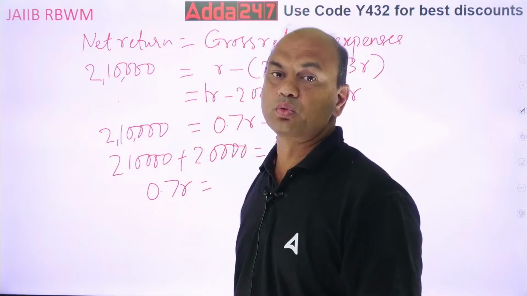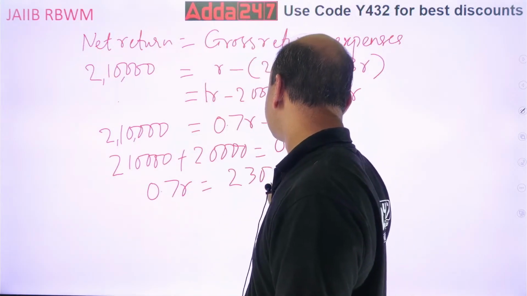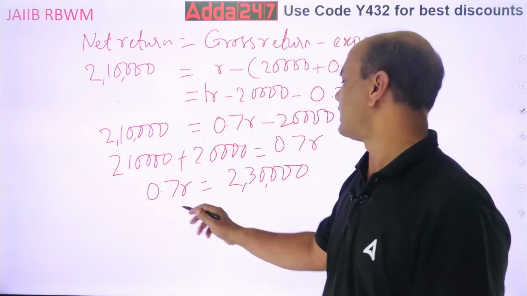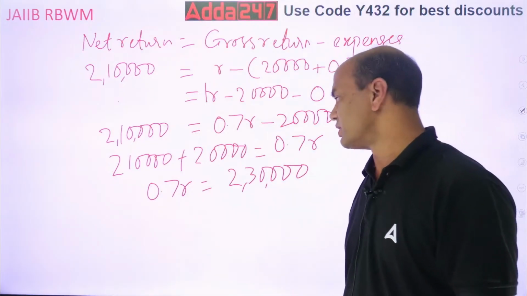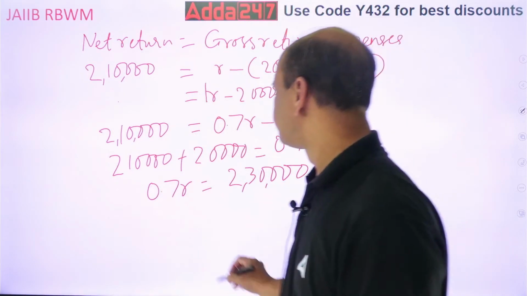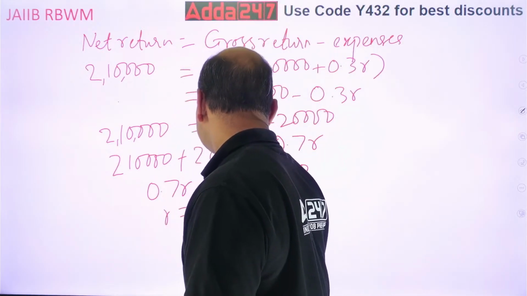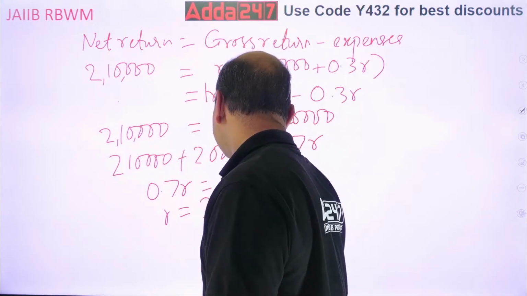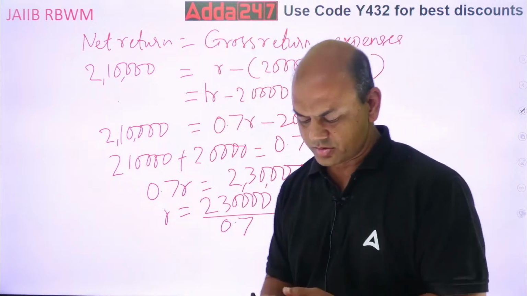What is the answer? 230, so 2,30,000. 0.7 R equals to 2,30,000. So R is what? R equals to 2,30,000 upon 0.7.